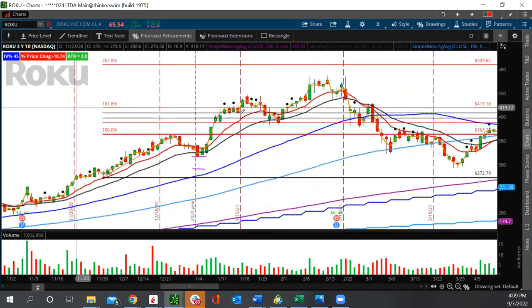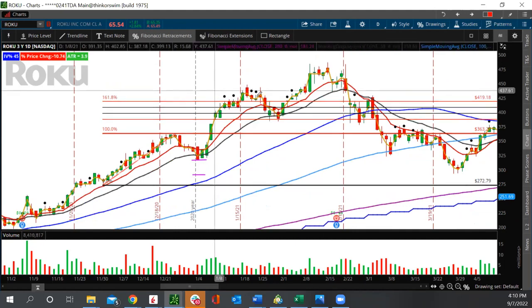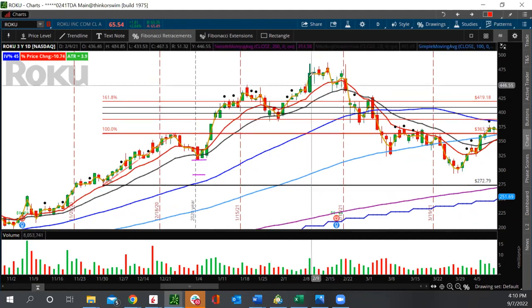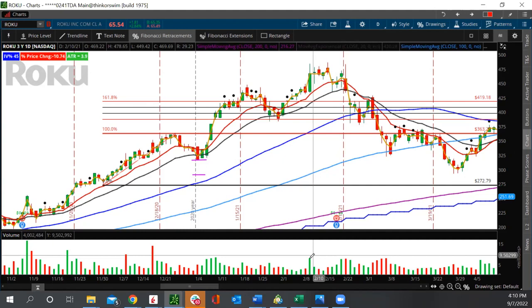Once you get past this 161.8, and all through this process, you can use a trailing stop as well. You don't have to just use these fib levels. You could use a 2-bar trailing stop, a 3, whatever you want to do, especially when things are moving like this, and you get this big candle here, right? And look at this volume. So as it makes a new high, this is, again, one of the things I always talk about and look for: you get this big bullish candle after this major bullish run up, big bullish candle, lots of volume.